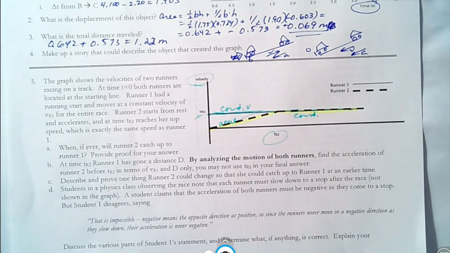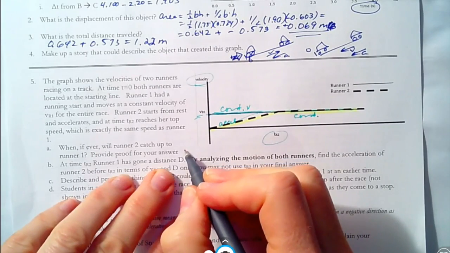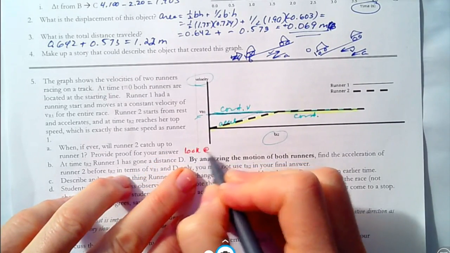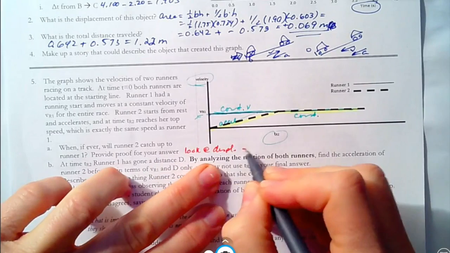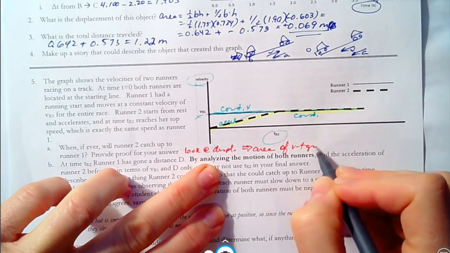Now, how do you tell if someone has caught up to somebody else? Well, they have to be at the same position at the same time. So when will they be at the same position? Well, look at this graph. If you want to find the displacement, you need the area under the curve for a VT graph.